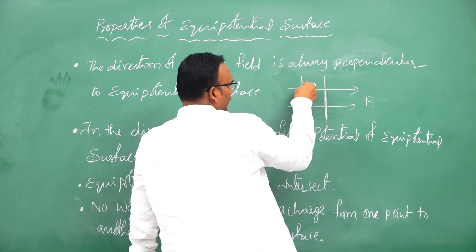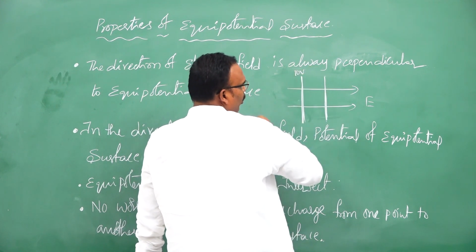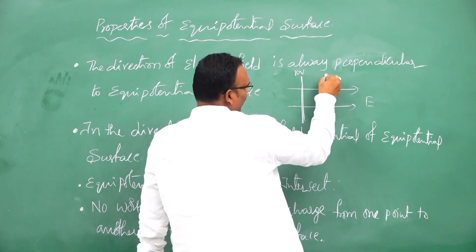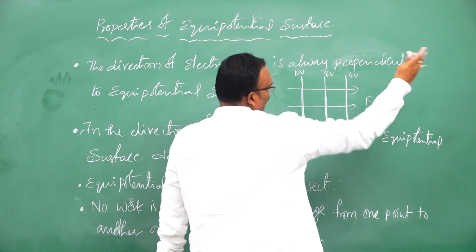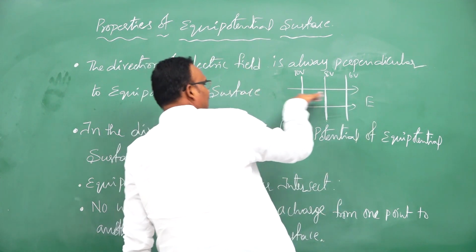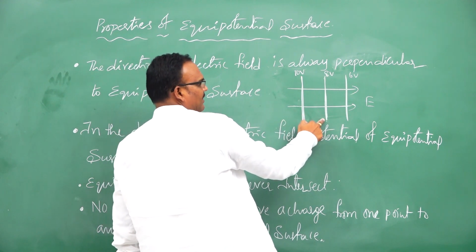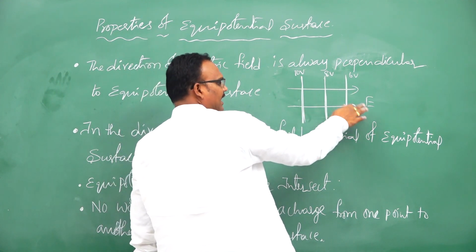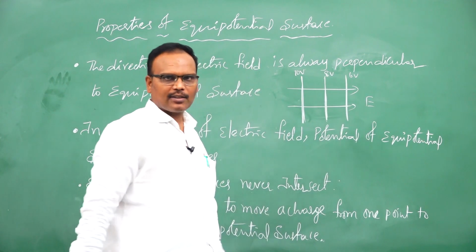For example, if this equipotential surface voltage is 10 volt, then the next will be less than 10 volt, that means 8 volt, this one may be 6 volt and so on. That means in the direction of electric field, potential of the equipotential surface decreases, as well as in the direction of electric field, potential also decreases.